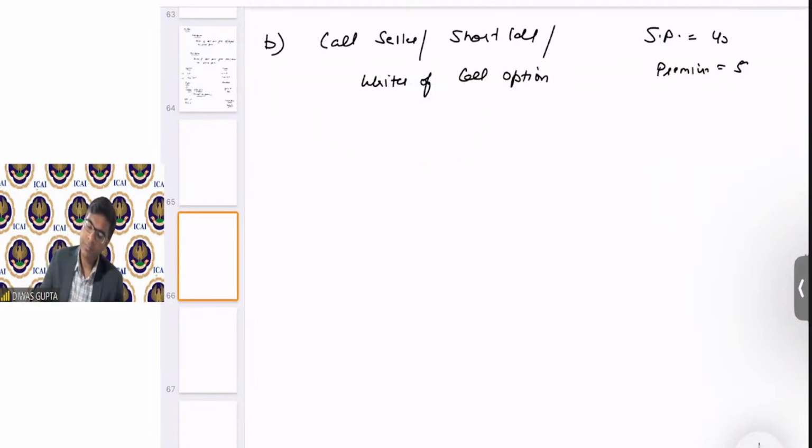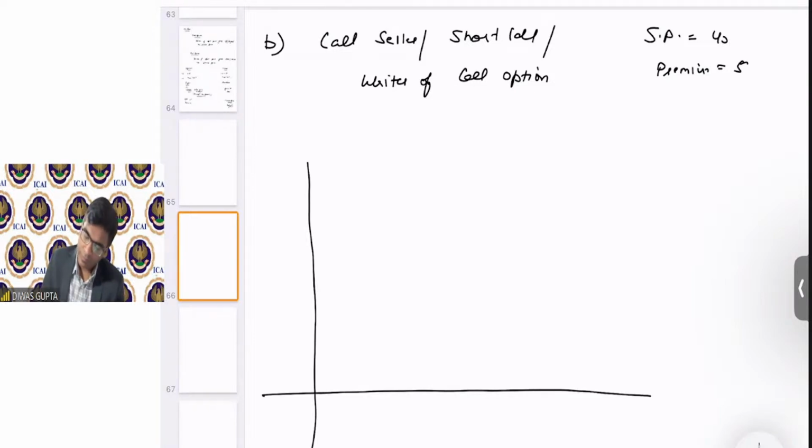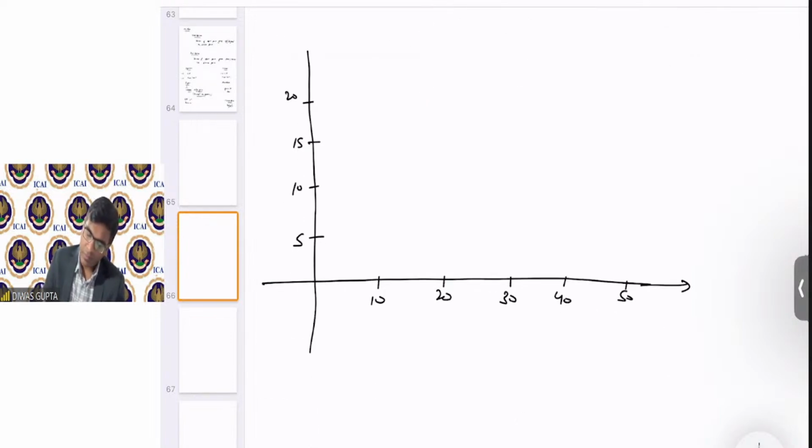Correct, these are the prices: 5, 10, 15, 20, -5, -10, -15.